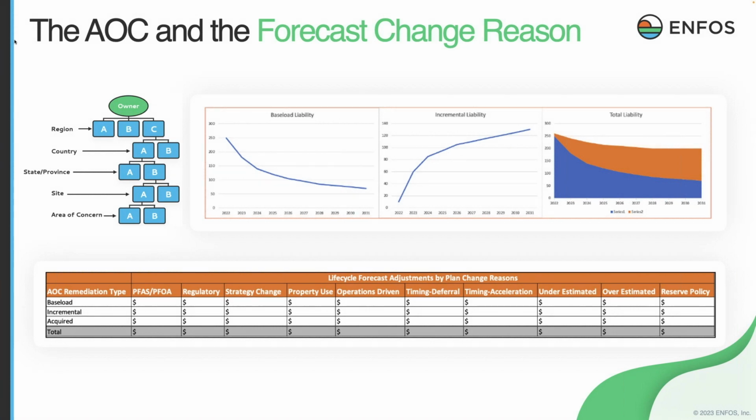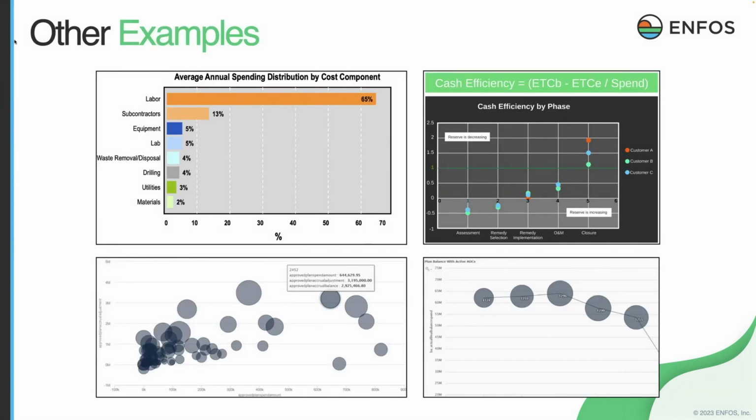If you're not doing these things, you're not effectively telling the story to upper management and to the stakeholders at large. Other examples of spend analysis are shown here, and I'm also monitoring the time. Spend distribution by cost component is one of those tier one, pretty low hanging fruit, but it also informs you.